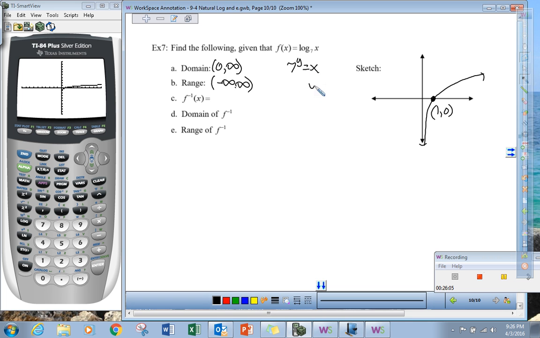Switch your x and the y, so y is going to be 7 to the x. I know that that's going to go through the point (0, 1) and look something like this. So it looks like the domain of that, negative infinity to infinity. And it looks like the range is going to be 0 to infinity. I'm just going to come in here, put in my dotted line so you can see the inverse.